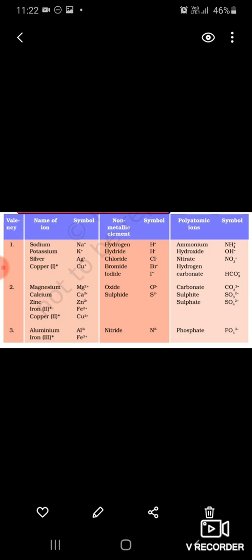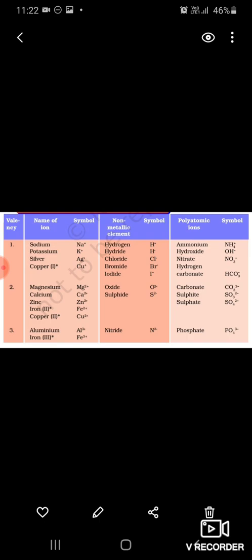So one positive charge is present on these metals. Then hydrogen H plus, hydride H minus, means hydrogen occurs as a cation as well as an anion. Chloride Cl minus, bromide Br minus, iodide I minus, means one negative charge is present on these elements.